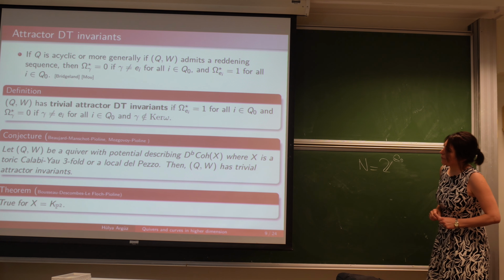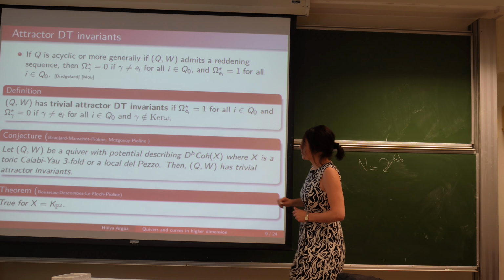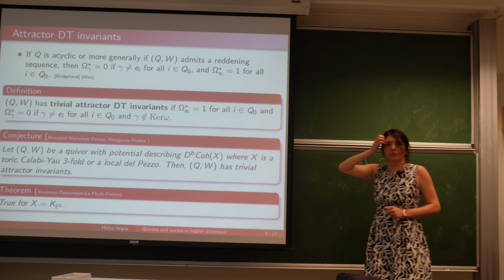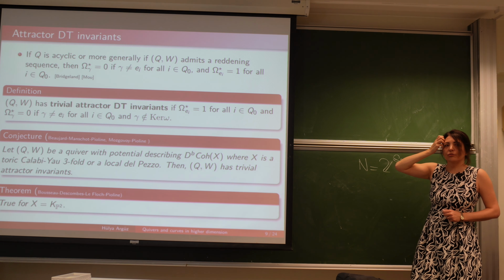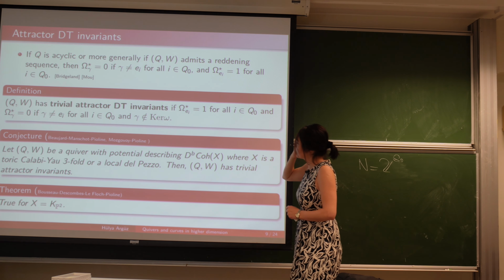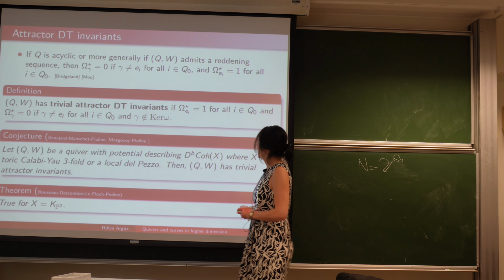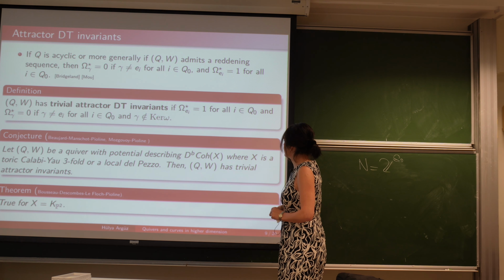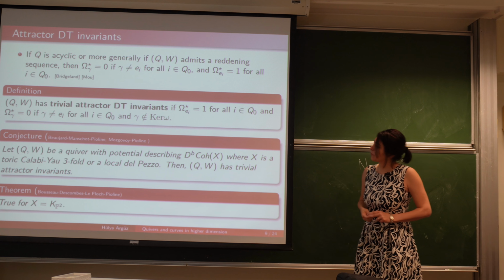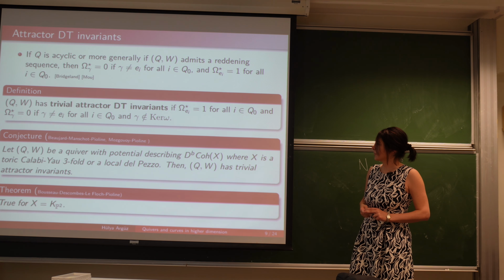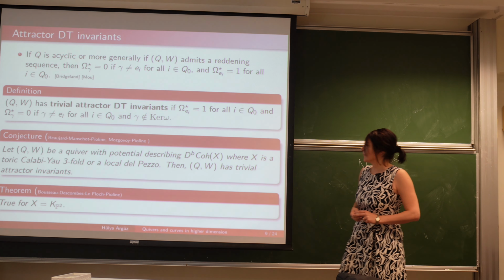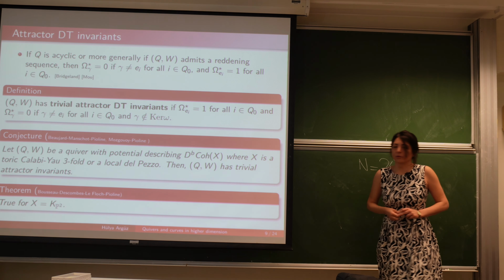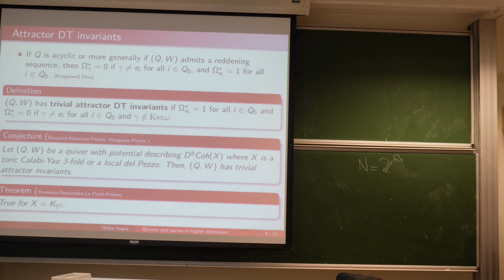In this case, there's a conjecture of Bouchard, Mozgovoy, Pioline, and Moscovo, which says that if you have a quiver with potential describing the bounded derived category of coherent sheaves of X, for a Calabi-Yau threefold or local del Pezzo surface, then this quiver with potential has trivial attractor DT invariants.